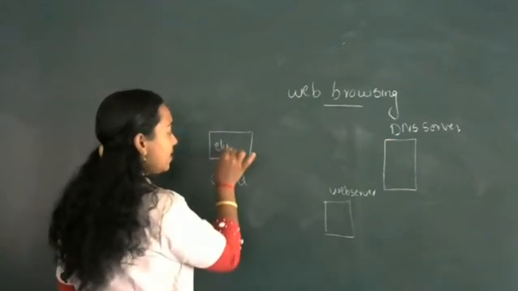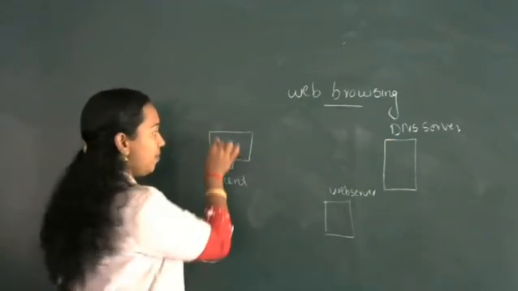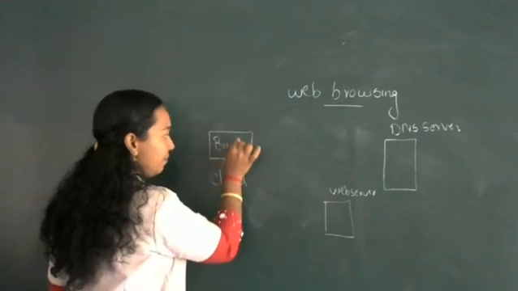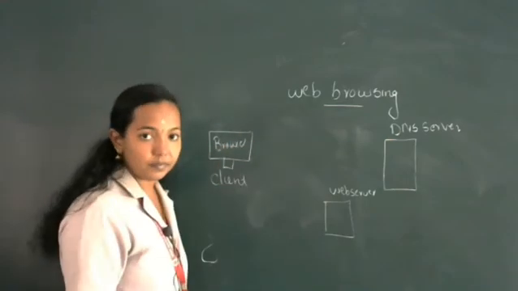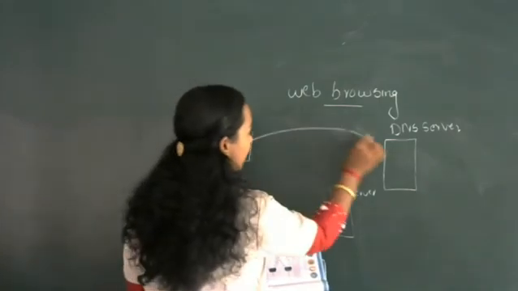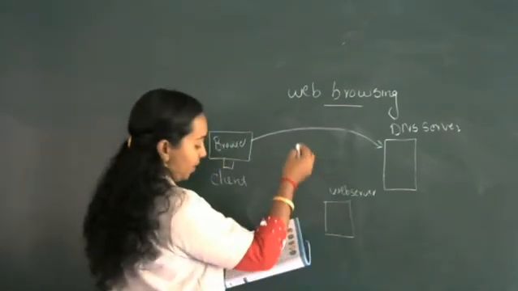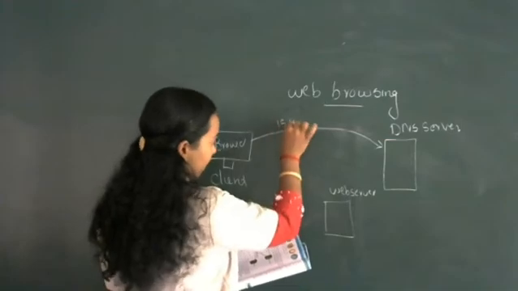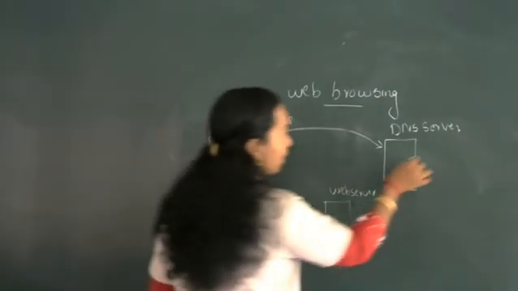In the client system, there will be a web browser. The browser will send the request to the ISP, Internet Service Provider's DNS, which is known as the DNS server.